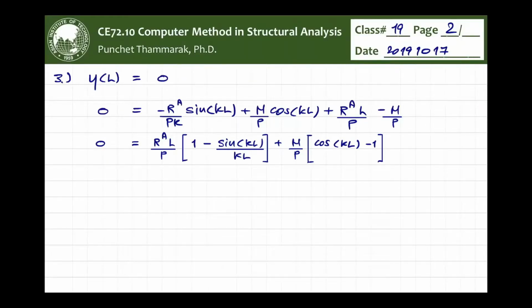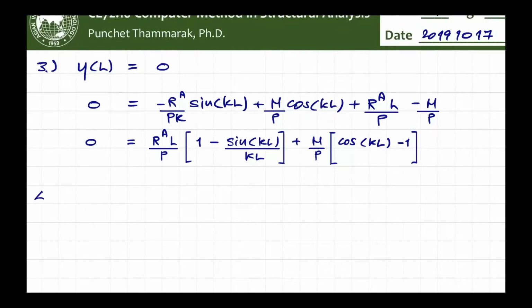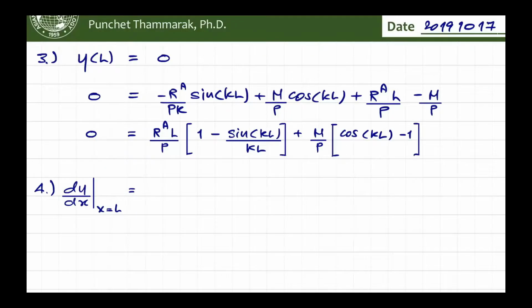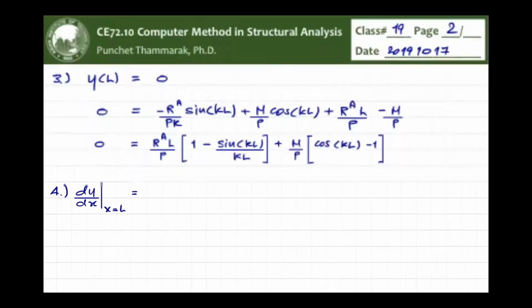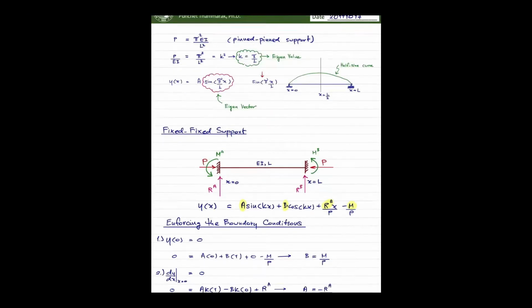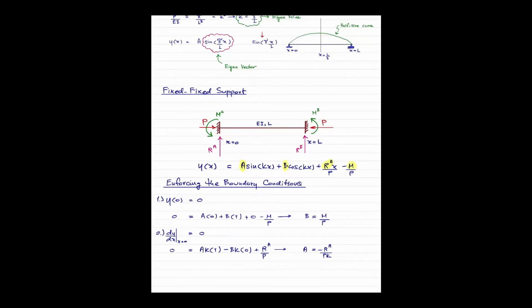Number 4. Differentiate y with respect to x where x is equal to L. Alright, let's move it around a little bit. What do we have? We have the AK cosine, and the A is minus RA over PK.